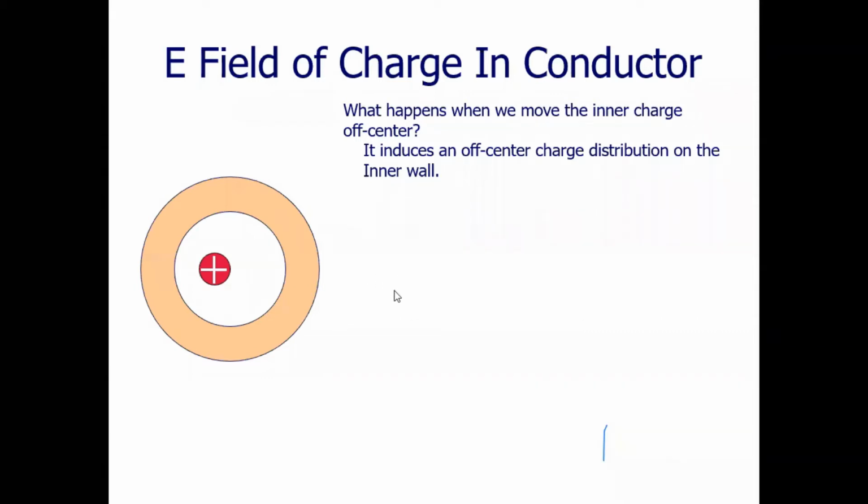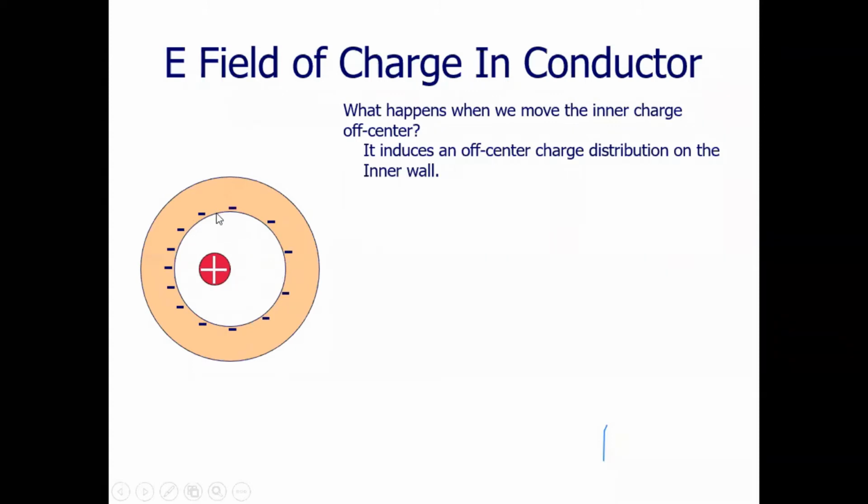So what will happen is this. Since you have a positive charge here, this positive charge is going to induce the negative charge as before. But as Chipo already mentioned, you see that this charge is off center. It is closer to this side than it is to this side.